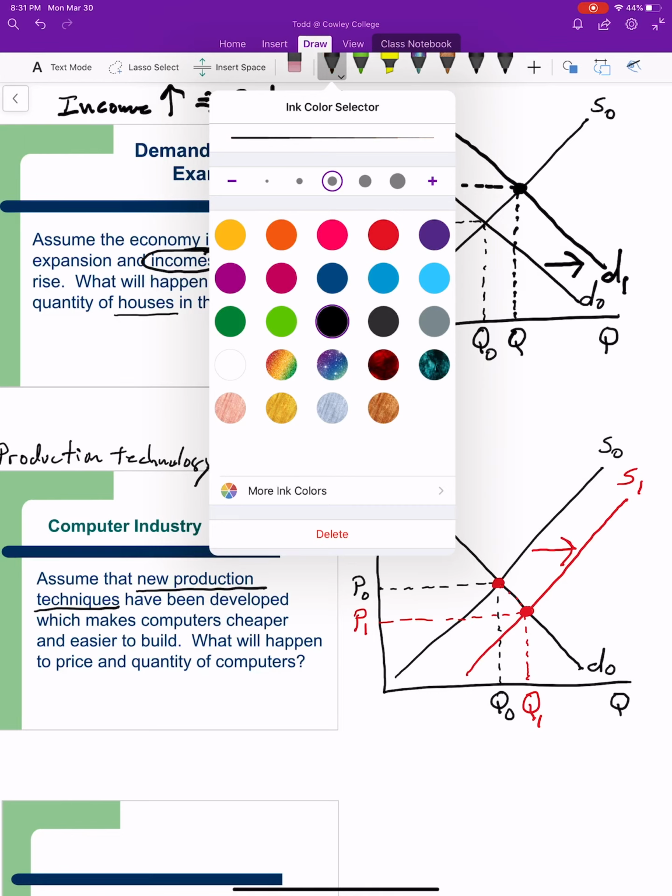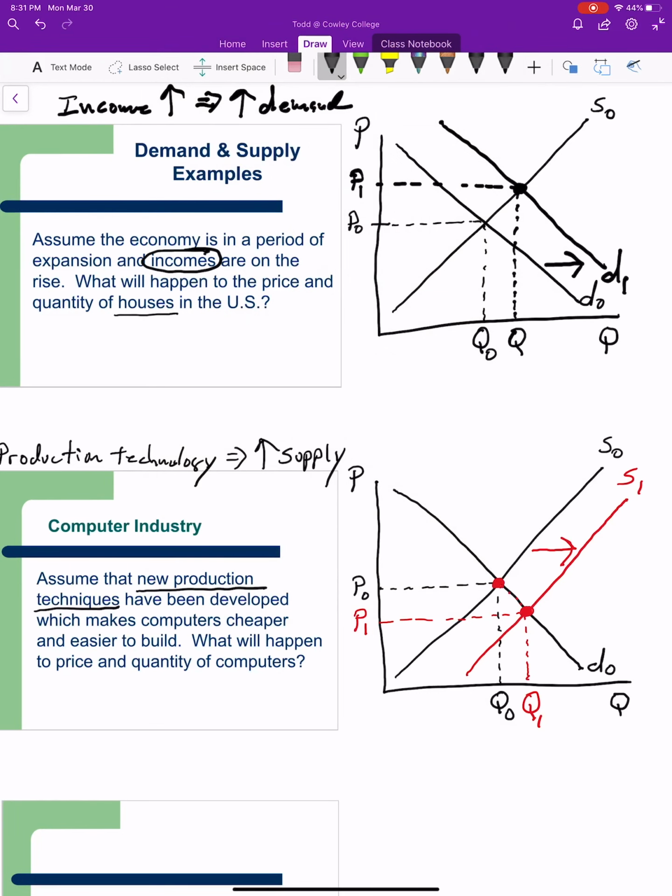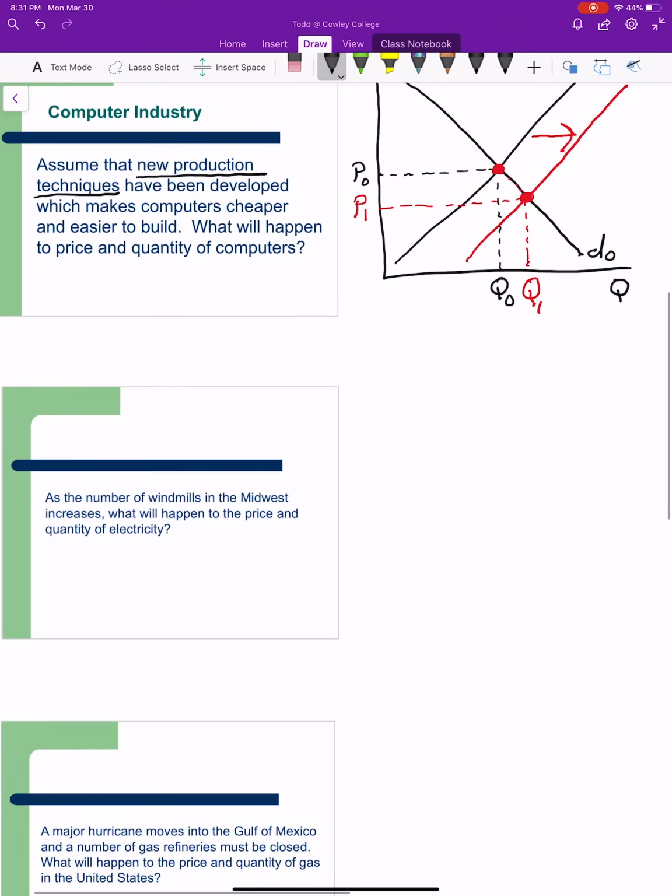All right, so hopefully you're starting to get the idea of how this is supposed to go. Let's try the third one. As the number of windmills in the Midwest increases, what will happen to the price and quantity of electricity? So we can draw our demand and supply for electricity. So we have quantity and price.